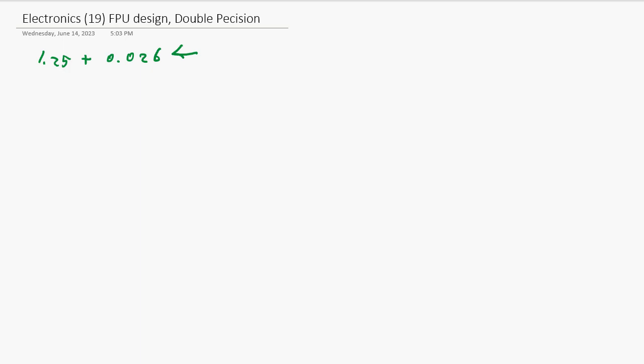Typically the general purpose CPU can handle only integer and logic operations, but this kind of number, this rational number calculation, usually uses an FPU.